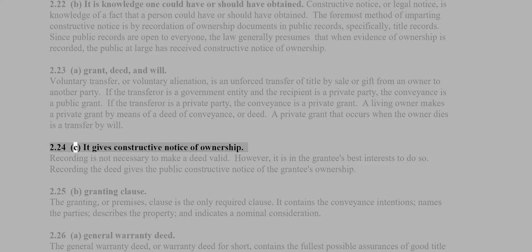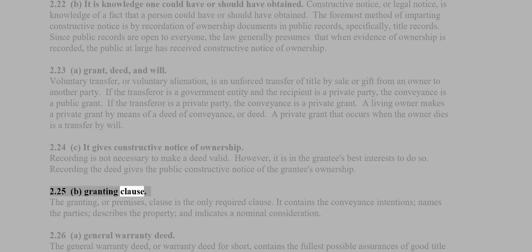2.24 c. It gives constructive notice of ownership. Recording is not necessary to make a deed valid. However, it is in the grantee's best interests to do so. Recording the deed gives the public constructive notice of the grantee's ownership. 2.25 b.